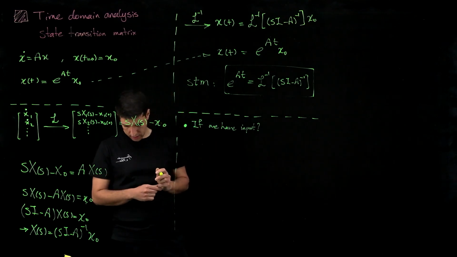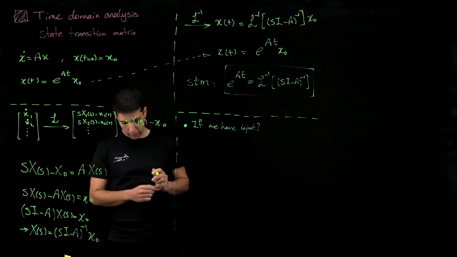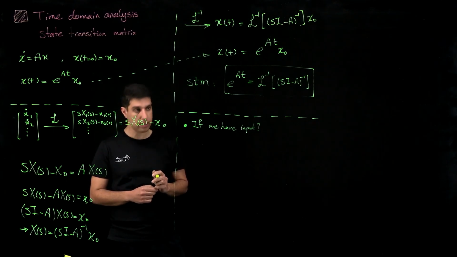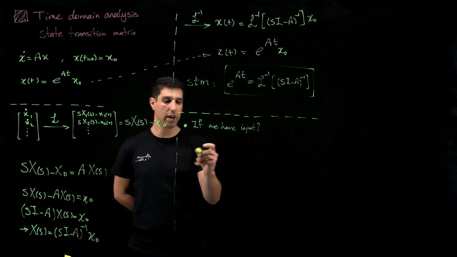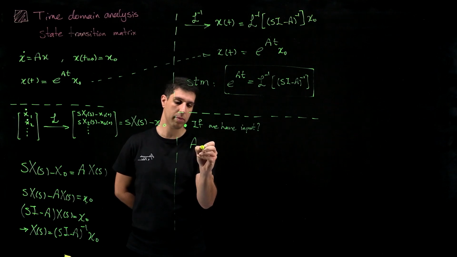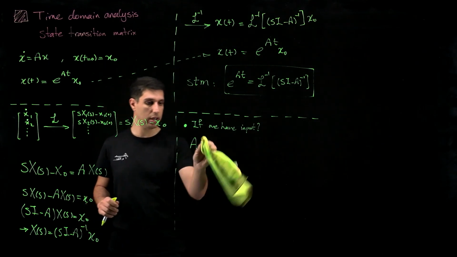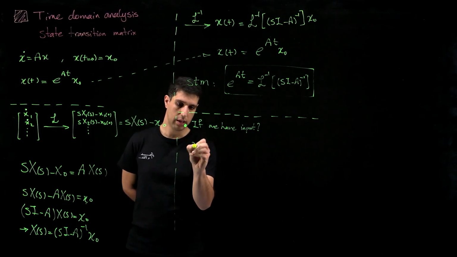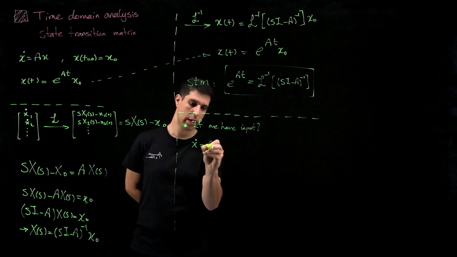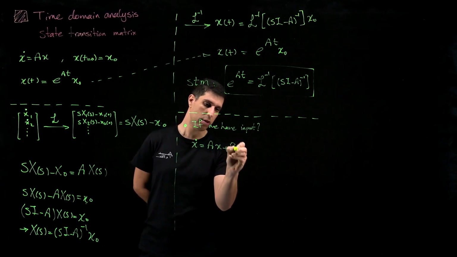Let me write it down and then we can try to make sense of it. So if I have input, my equation is like that: x dot equals Ax plus Bu.